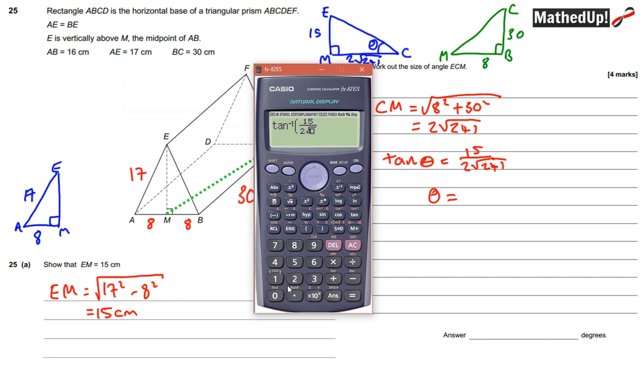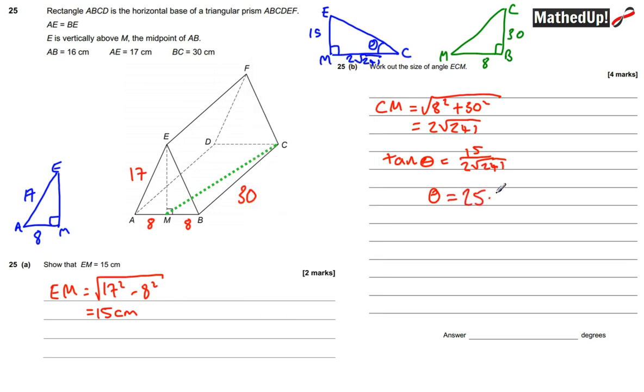I'll type it in again though, 2 root 241. And that gives me an angle of 25.8 degrees. So this angle here is 25.8 degrees. So that means that the angle ECM is going to be 25.8 degrees.